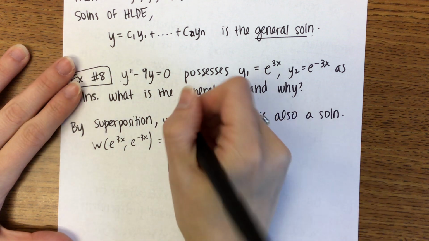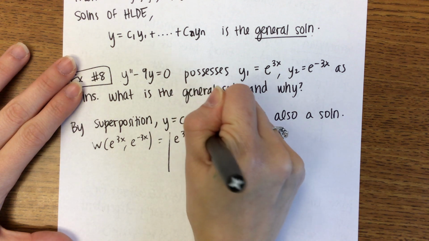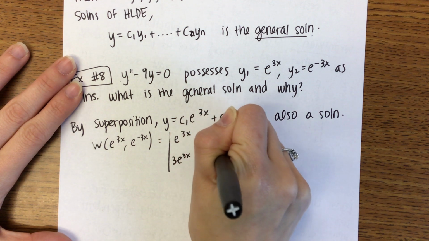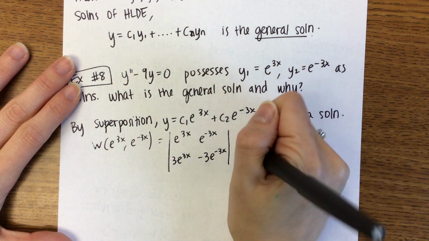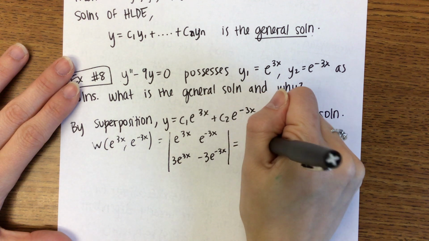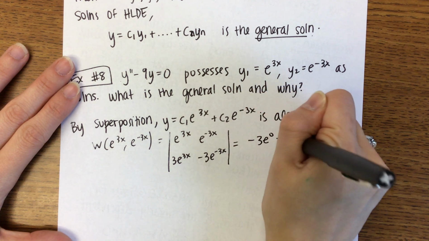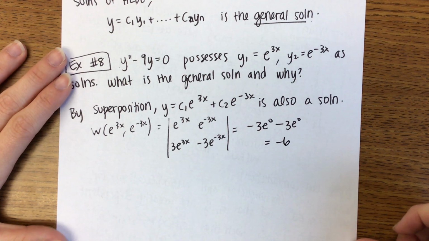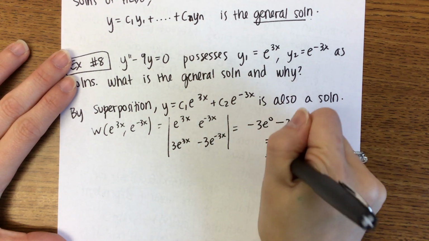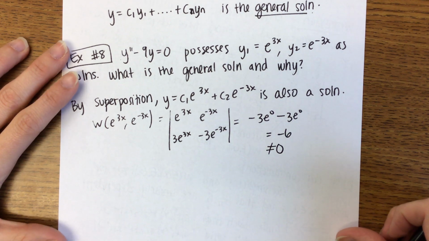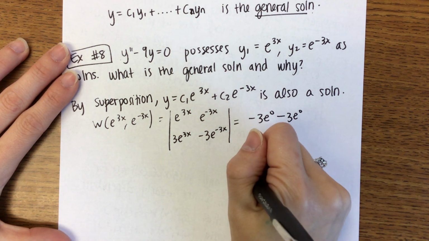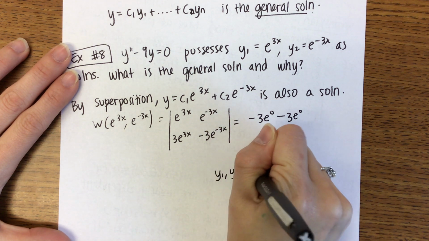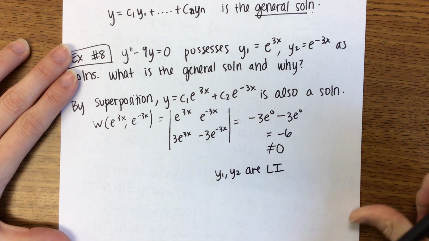It's the determinant. e to the 3x, e to the negative 3x, take the derivative. So we get negative 3e to the 0 minus 3e to the 0, negative 6. What we care about is that does not equal 0. Okay, so what that tells us is that y1 and y2 are linearly independent.